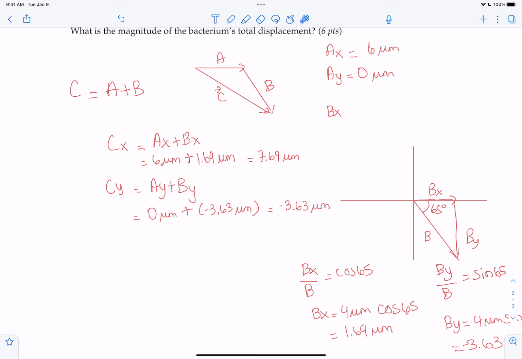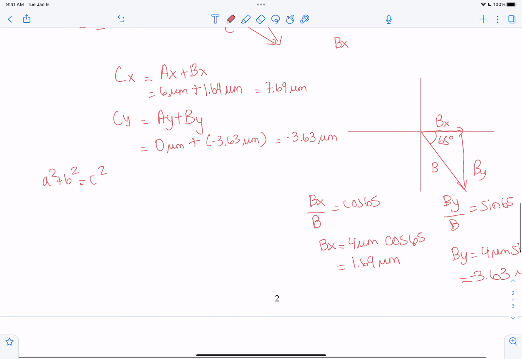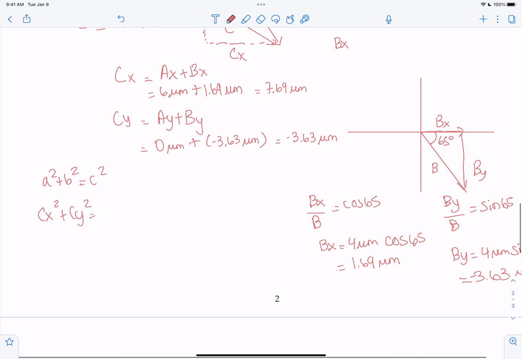So this is Cx, because it's all in the x direction, and this is Cy. We know the Pythagorean theorem is a squared plus b squared equals c squared, and we can translate that to cx squared plus cy squared. Those are the two components. So cx squared plus cy squared is going to give us c squared.